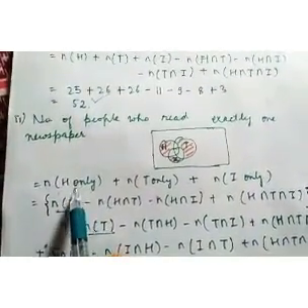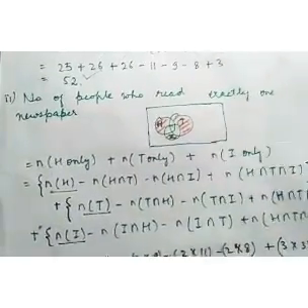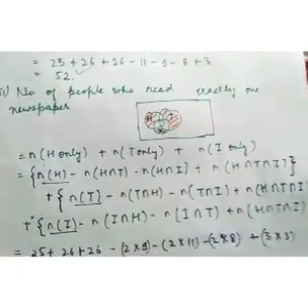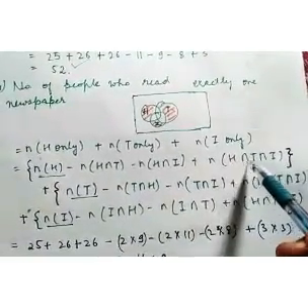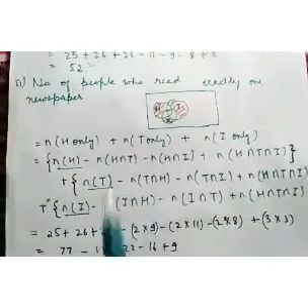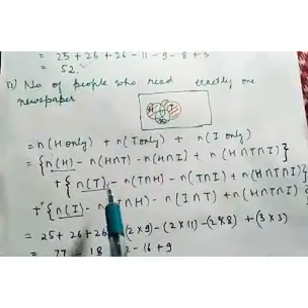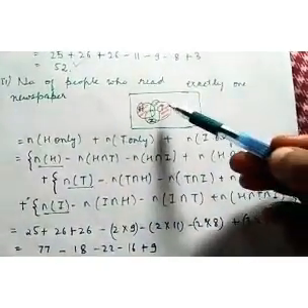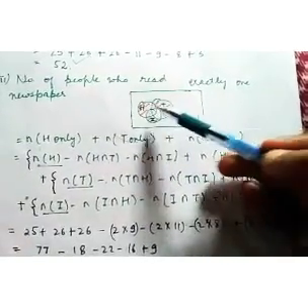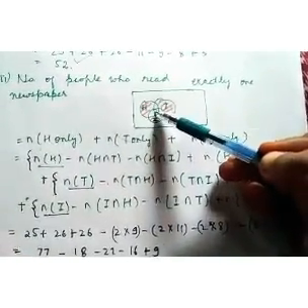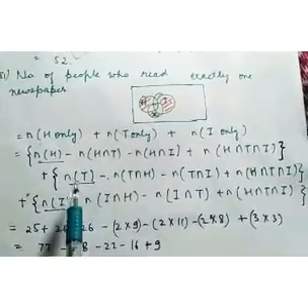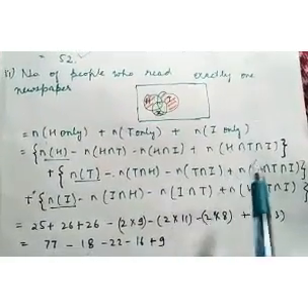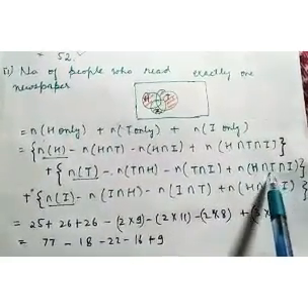For N of H only, we have the formula: N of H minus N of H intersection T minus N of H intersection I plus N of H intersection T intersection I. Then for T only we have the same kind of formula: N of T minus N of T intersection H minus N of T intersection I plus N of H intersection T intersection I. We subtract this intersection and this intersection, and add this one once.